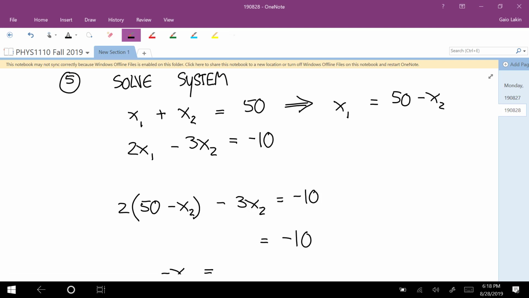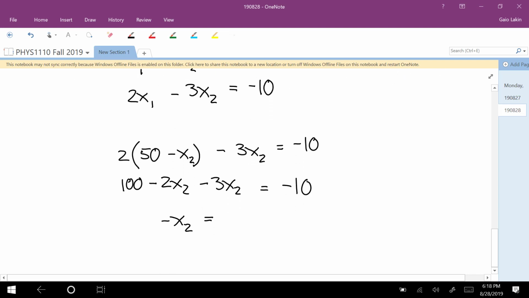So we have 100 minus 2x2 minus 3x2. And so now this is negative 5x2 is equal to negative 110. And so x2 is equal to 22.